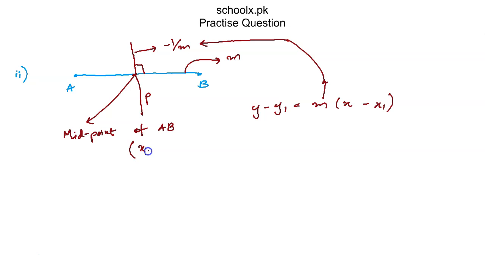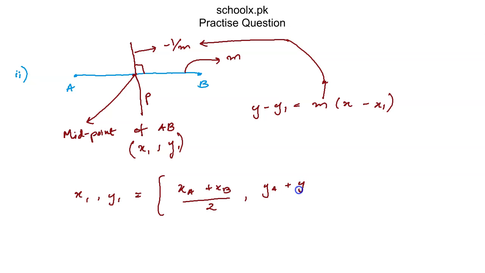Let's name this x1, y1. First, let's find x1 and y1. They are the midpoint of A and B, so x1 and y1 equal the x coordinate of A plus the x coordinate of B over 2, and the y coordinate of A plus the y coordinate of B over 2.